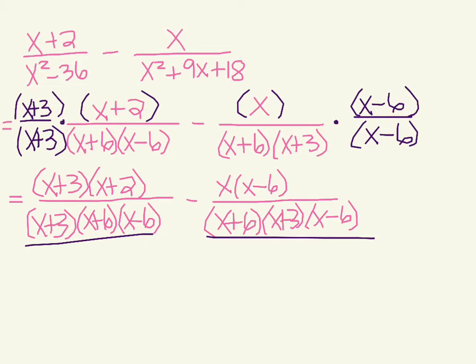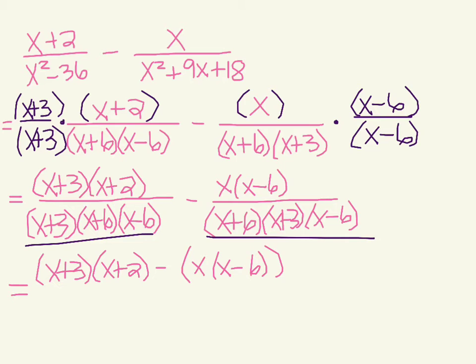So when I do that, I'm going to get x plus 3, x plus 2, minus, and again, this parentheses may be unnecessary for this problem. However, it doesn't hurt to put them because it's better to over-parenthesize than to under-parenthesize and get the problem wrong.